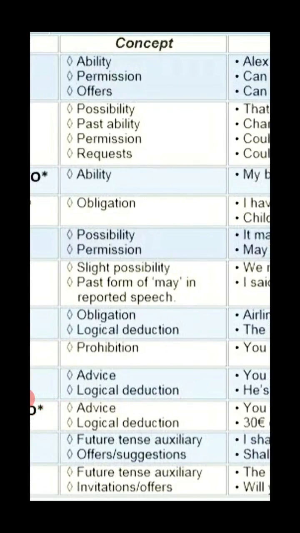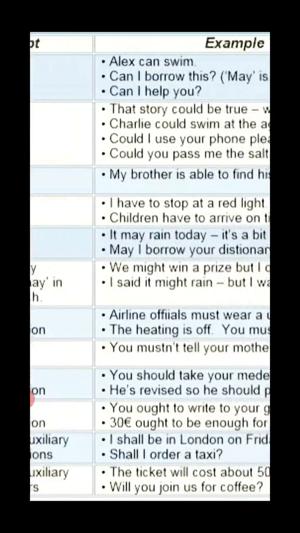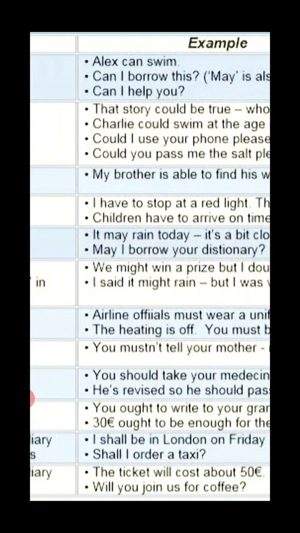Next, invitations or offers. Here, one invitation has been done. Will you join us for coffee? So, will you join us?